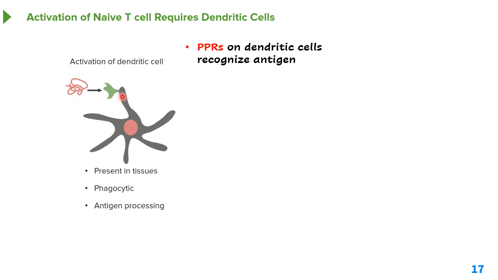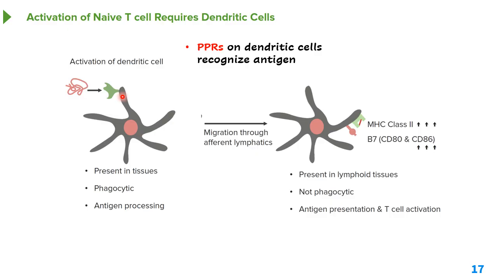They recognize the pathogen, they eat it up, they process the pathogen, they put a piece of that pathogen on your MHC class II. At the same time, it got a signal to upregulate expression of MHC class II because it's gonna need it, right? And at the same time it is upregulating MHC class II, it is upregulating your B7 ligand right there.